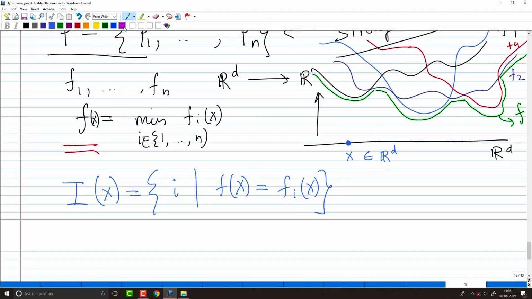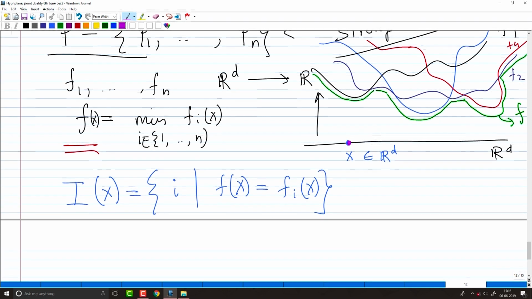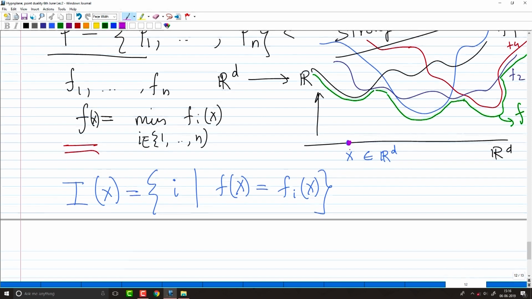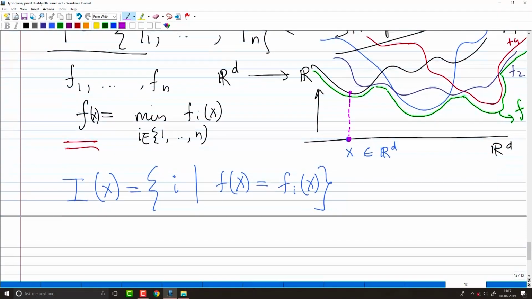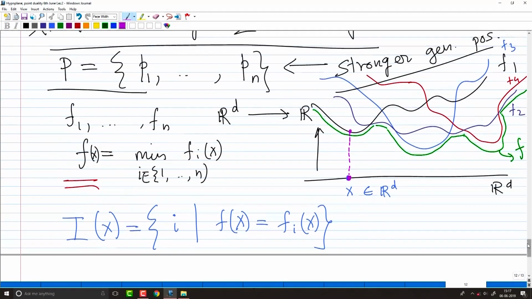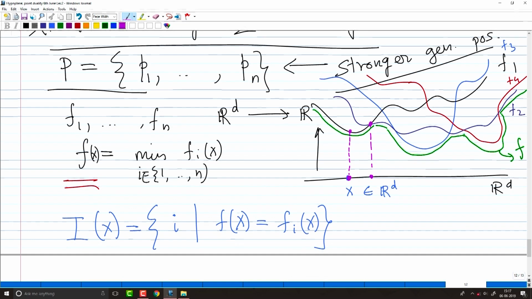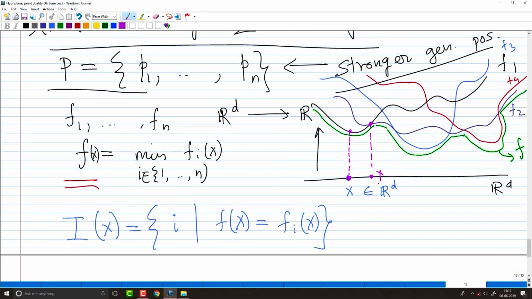Okay. So, what will be the index of this x here? So, we go up, it is basically f1, I think. This will be f1, right? Just f1. What about x here? What will be the index? Just 1.